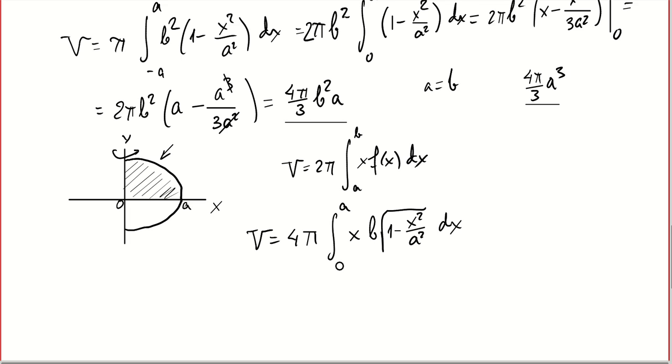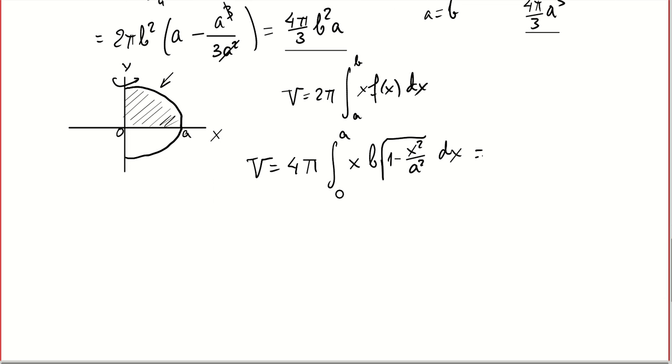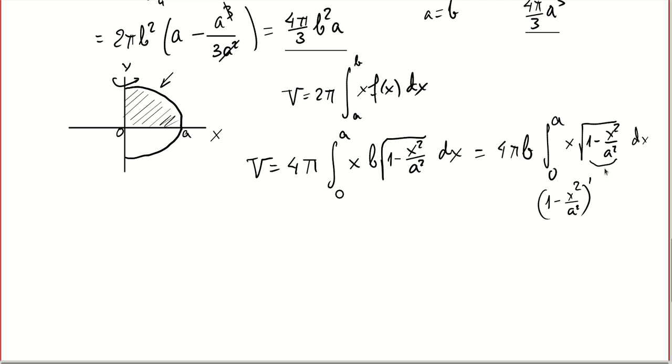Okay, so now we have to integrate this. Let's take out all the constants. In this case, these are the constants. Then we have 0 to a, then we have x here, and here we have the square root of this. Now look at this function. The derivative of what is inside the square root is minus 2x over a squared.